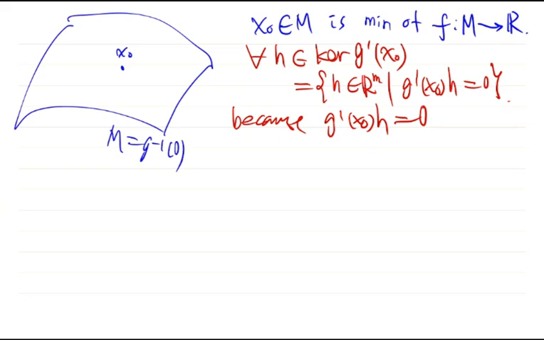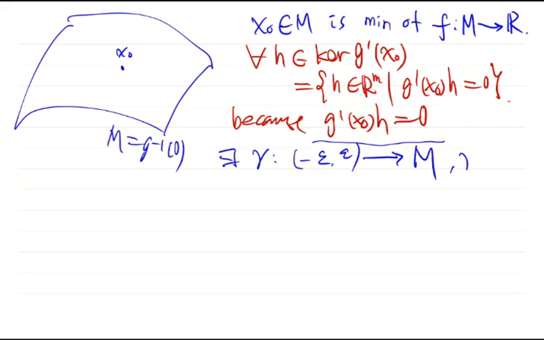So since h makes this 0, the theorem we proved there says that there exists a curve on the surface passing x0, and which has this h as tangent vector at x0.